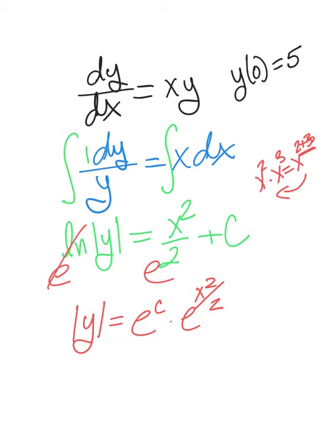Then, how do we get rid of absolute value? You plus or minus. So y equals plus or minus e to the c, e to the x squared over 2. This is sloppy. This is crazy, right? This gets a little too much.